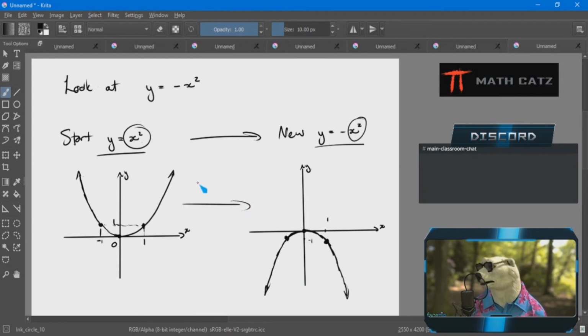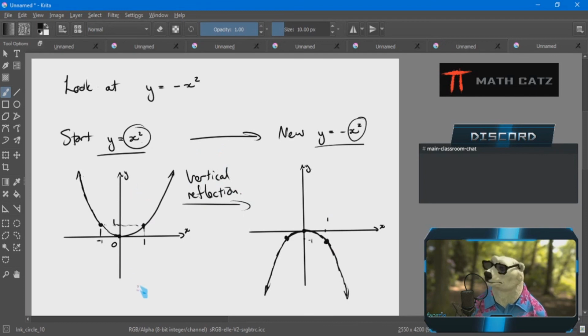So the graph is experiencing, I'll call it a vertical reflection. Some people say it's a reflection in the x-axis. That's true. It's great. But I'm focusing on the vertical aspect of the reflection.